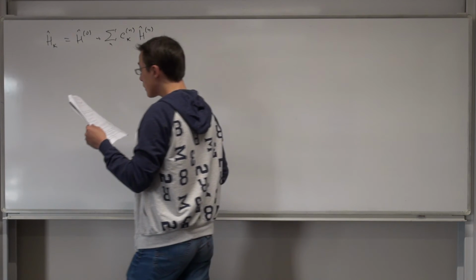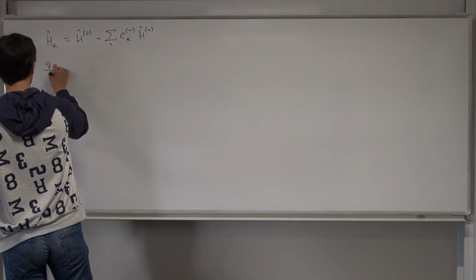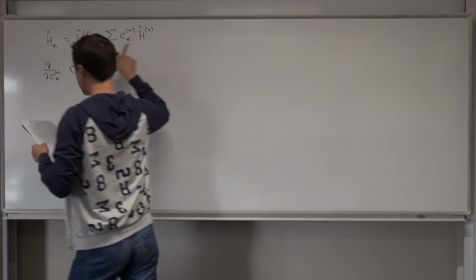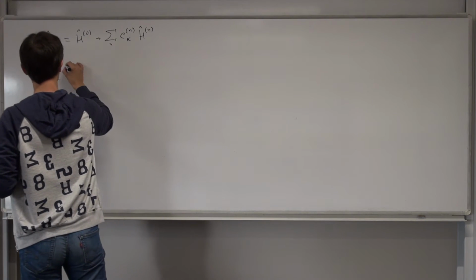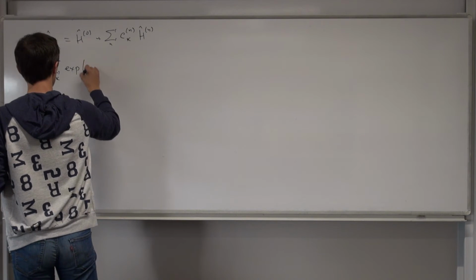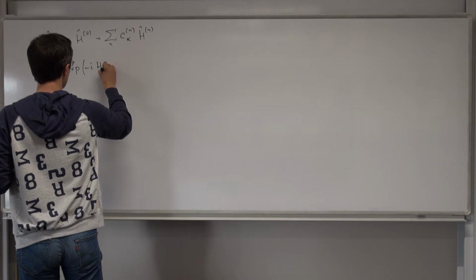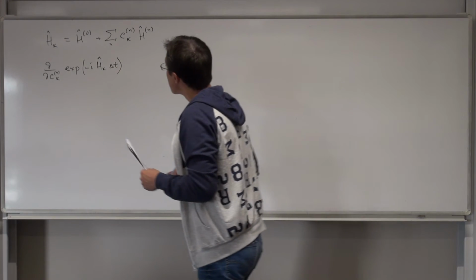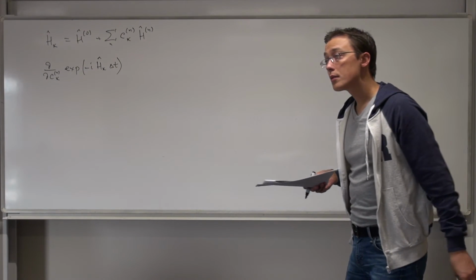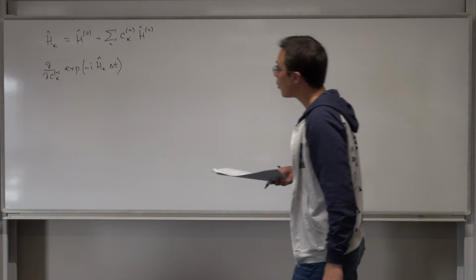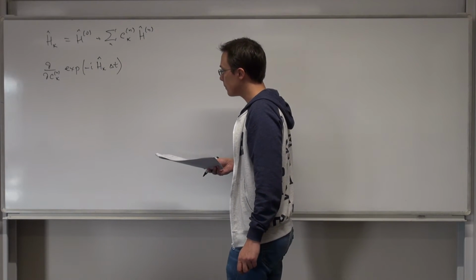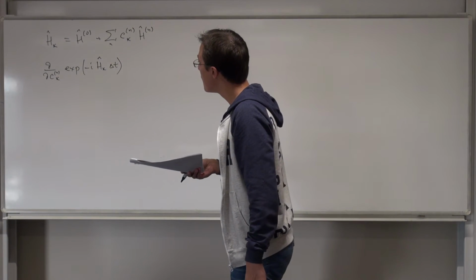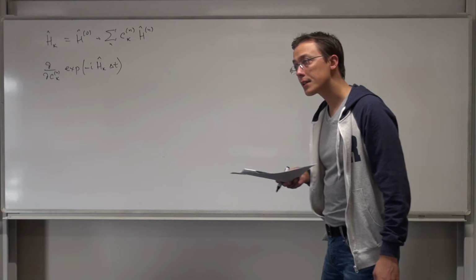So we are looking to calculate now d by dc_nk of the exponential of this thing, exp(minus i H_k delta t). There are various ways of doing it, and we always must bear in mind that it's not the exponential itself we are calculating, but its action on a vector.